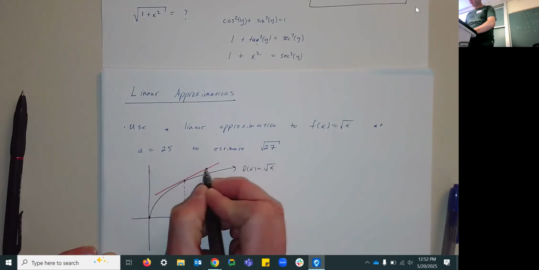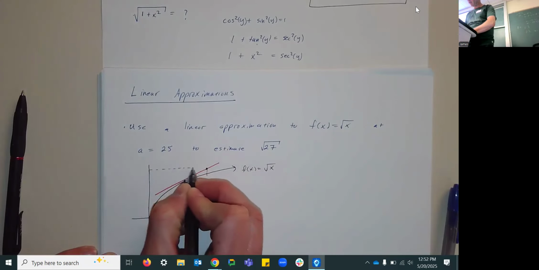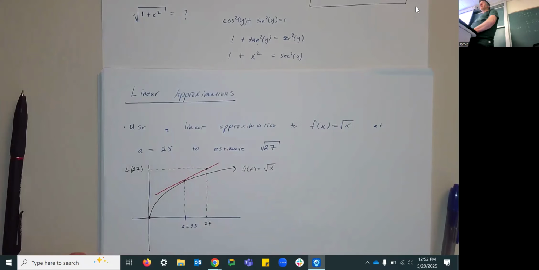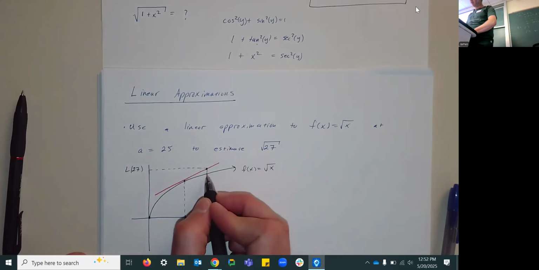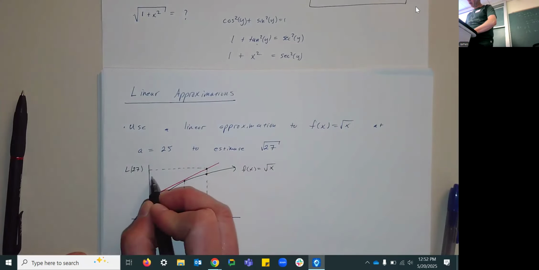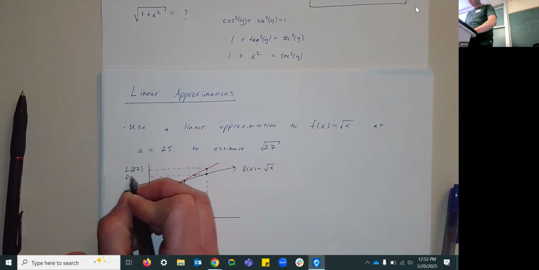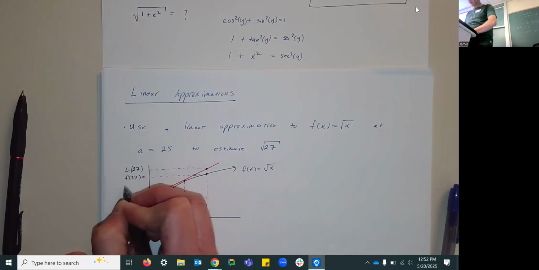So we're going to say that this value here, which we're going to call capital L of 27, capital L for linearization, that's going to be a pretty good approximation of f of 27, which is the square root of 27.